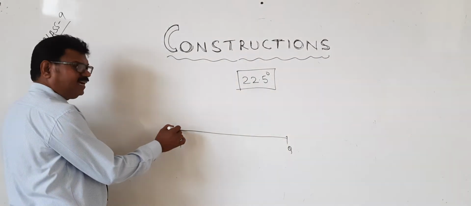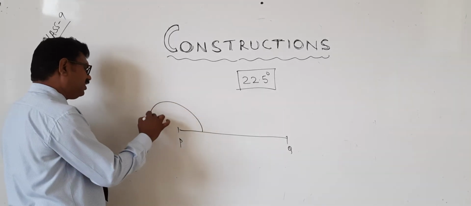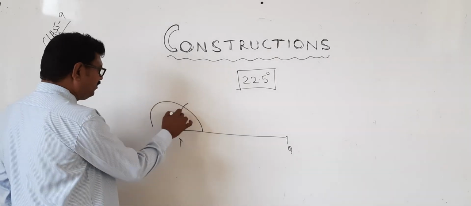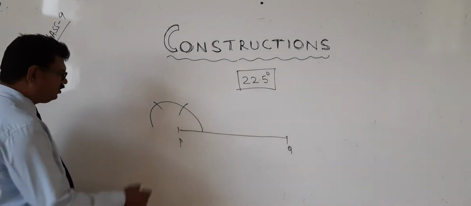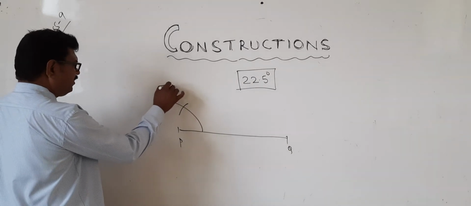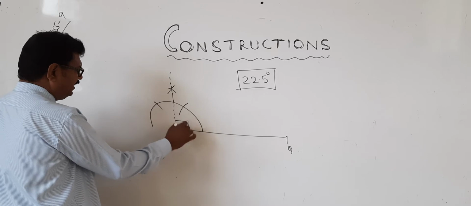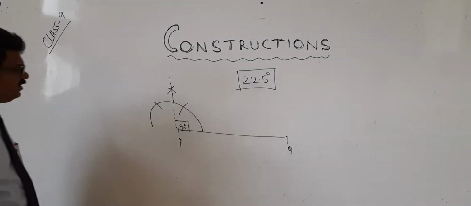Again, with the center P, draw an arc. With the same arc, just divide it into 3 equal parts. Now, again from this and again from this, it is nothing but 90 degrees.